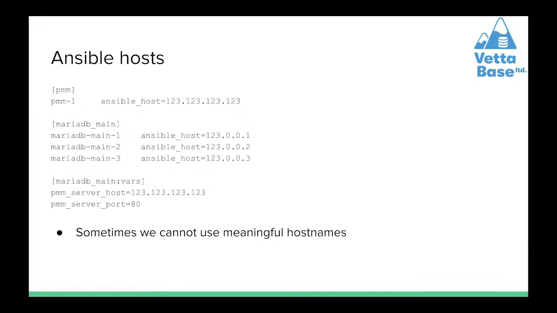Okay, so if we cannot or don't want to use meaningful host names, we can use meaningful aliases, and this will be very useful, especially when we have many servers, because it becomes very easy to remember names of the servers you want to deploy and so on.